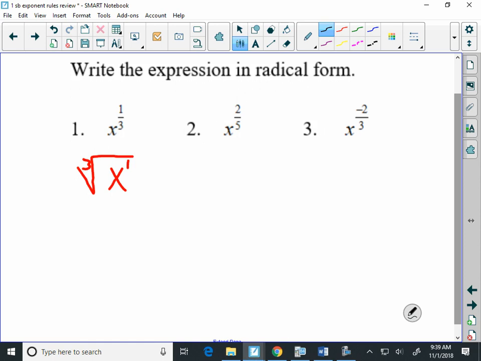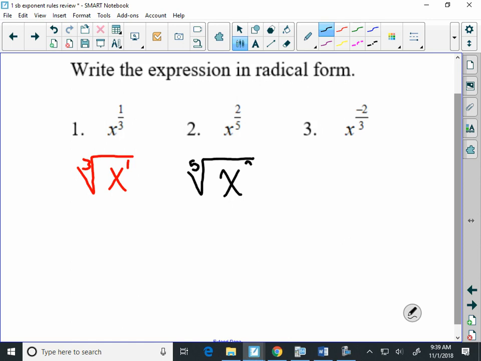Now on number 2, we've got 2/5. So that's going to fall into our second category there, the x to the m/n. But again, it's not much difference. The x goes underneath the radical. The 5 goes in the check mark part of the radical.